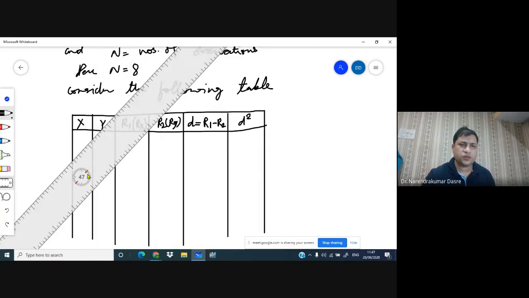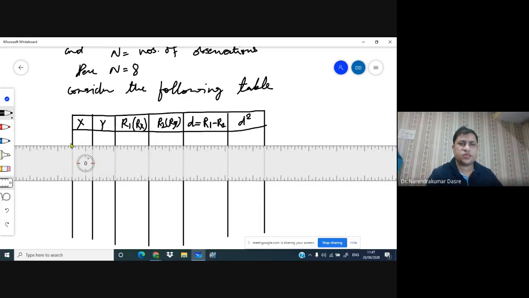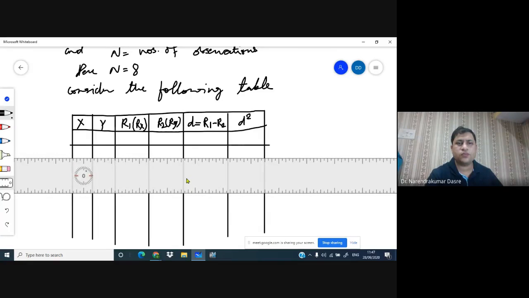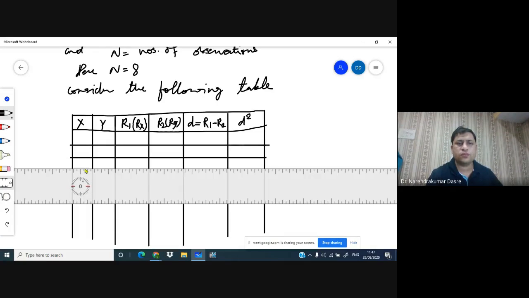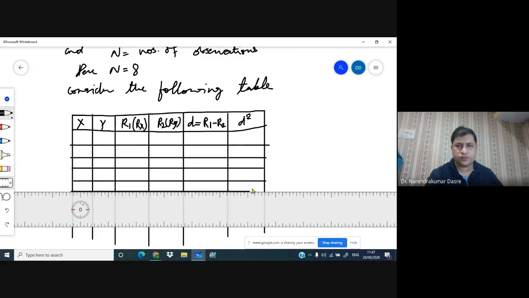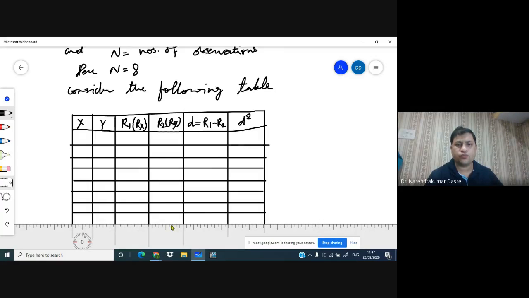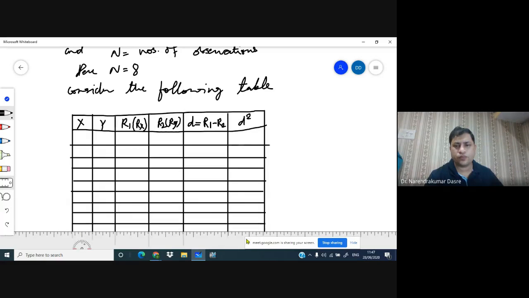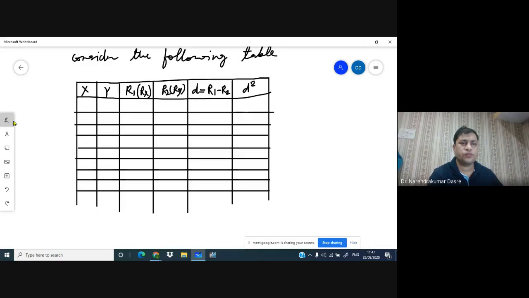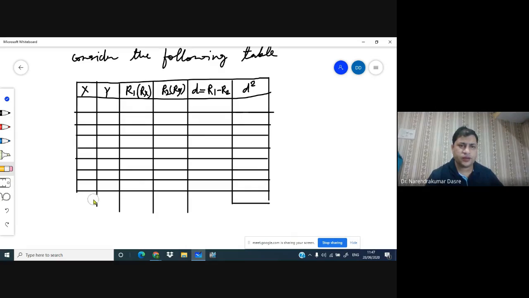Now we are interested in only the summation of di square.